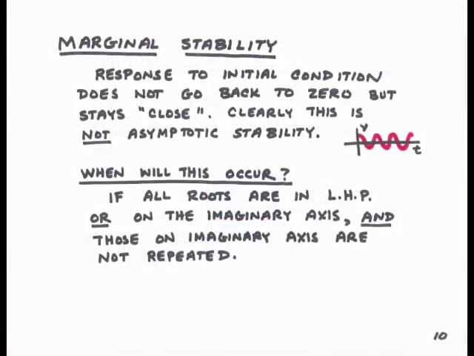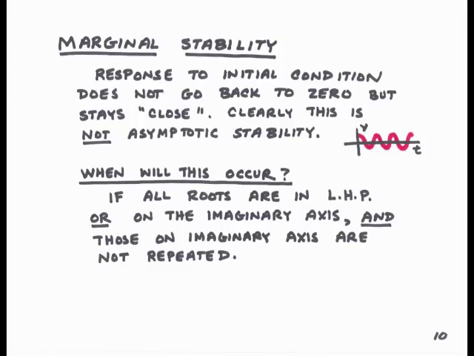I said that there were two cases if the system was not asymptotically stable. The first of these was instability. The second is marginal stability. Now this is different than asymptotic stability. In this case, the response to the initial condition does not go back to zero, but it does stay close.